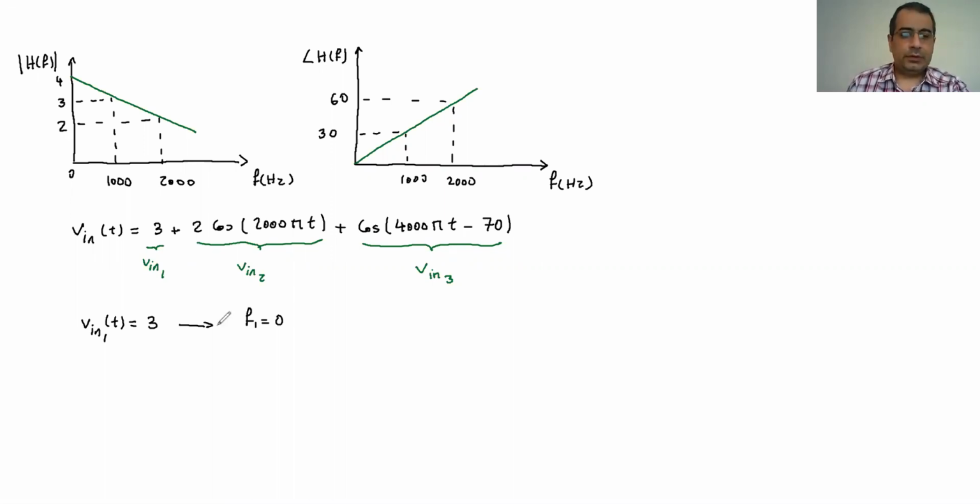Remember that a signal with a frequency of 0 is also called a DC signal, or the mean value of the signal. If you hear DC signal, it means a signal whose frequency is 0. If I write it in the frequency domain, or phasor mode, V in 1 is simply 3 with angle of 0.